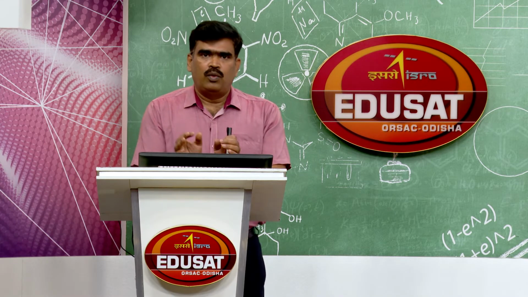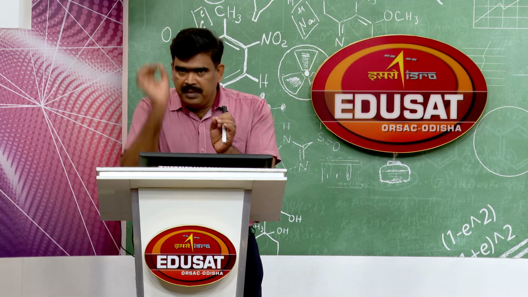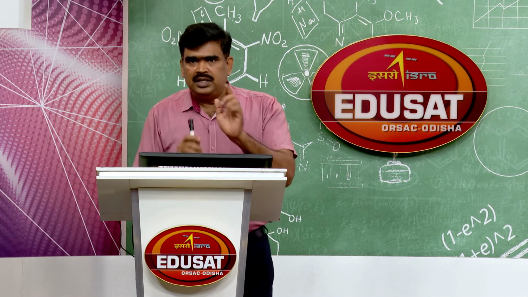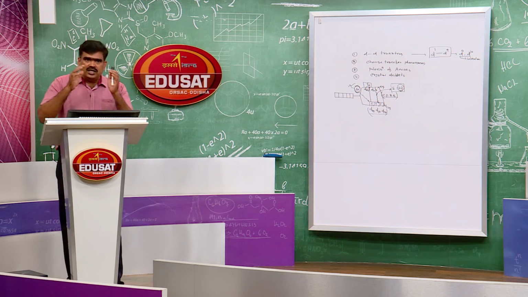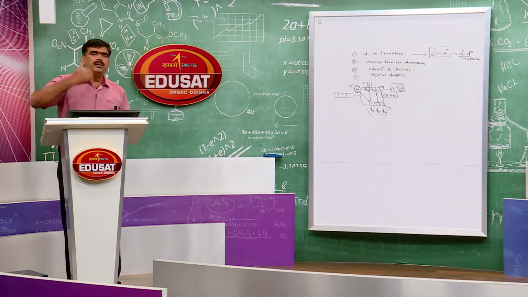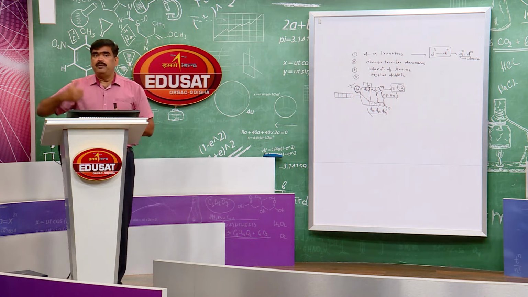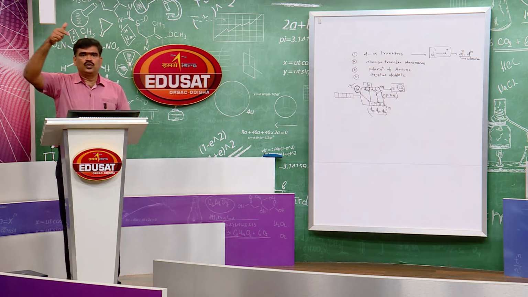Whenever a transition metal compound looks green, it emits green color, which means it absorbs red color. When a transition metal compound looks blue, its complementary color is orange, which means it absorbs orange color, emits blue color and looks blue.